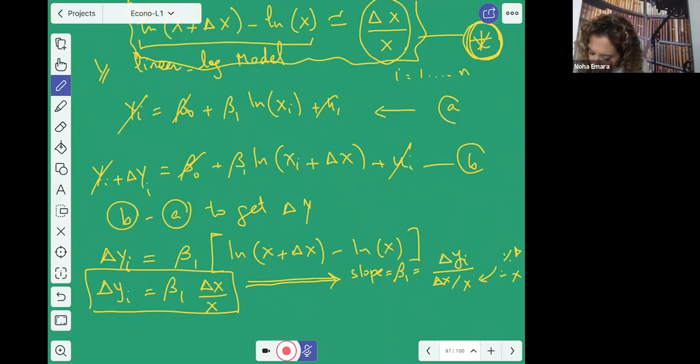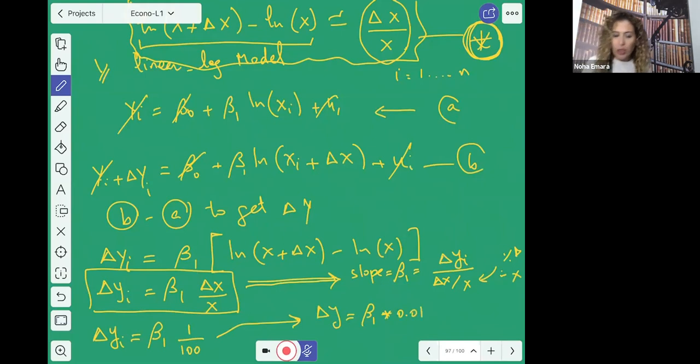So the change in y for a 1% change in x is equal to beta 1 over 100. In other words, the change in y is equal to beta 1 multiplied by 0.01. So anytime I have a linear-log model and I ask what the change in y is, it is going to be equal to the partial slope attached to x multiplied by 0.01, and this is for 1%.